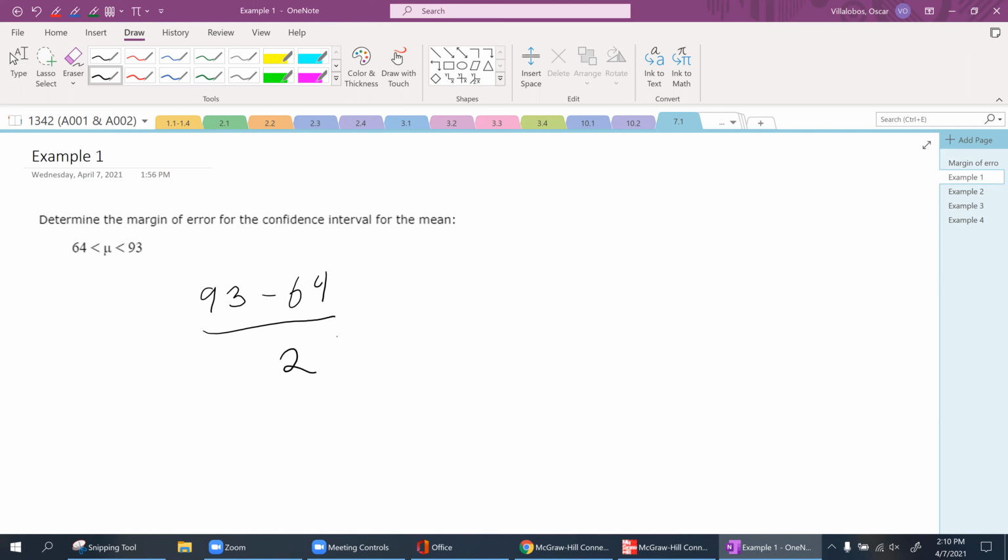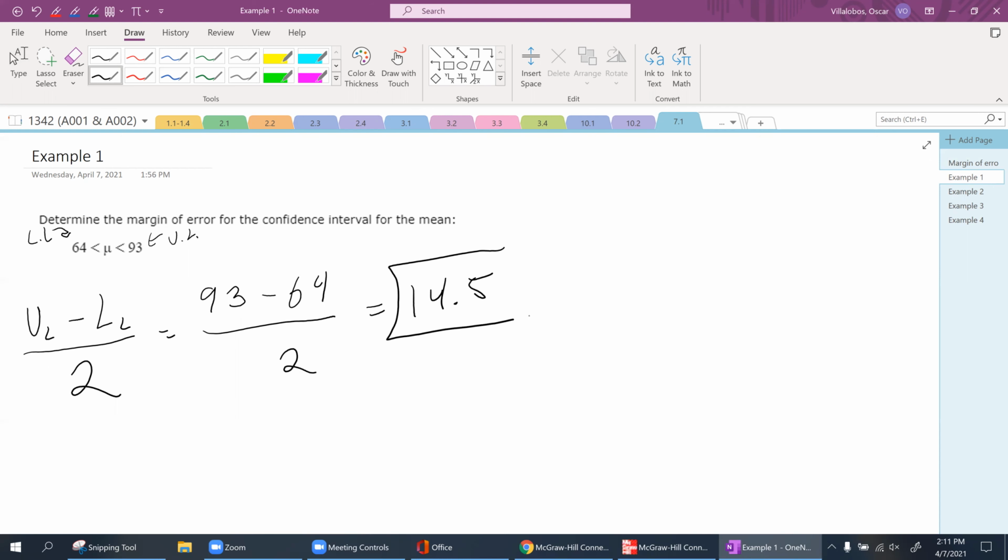This is my upper limit and this is my lower limit. In other words, upper limit minus lower limit divided by 2. Let's see what that gives me: 93 minus 64 divided by 2, and we should get 14.5. That's my margin of error.